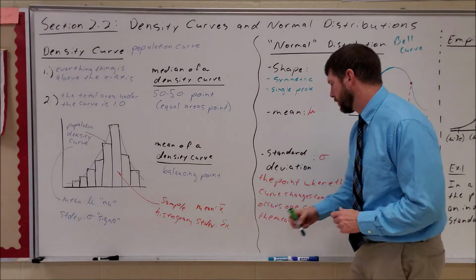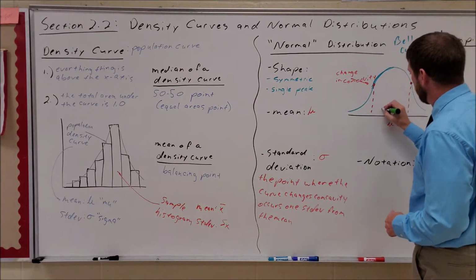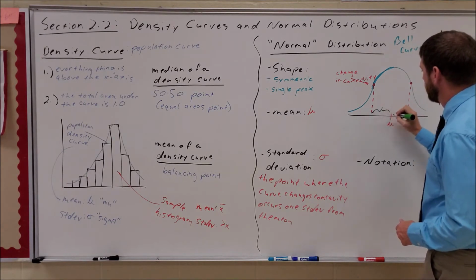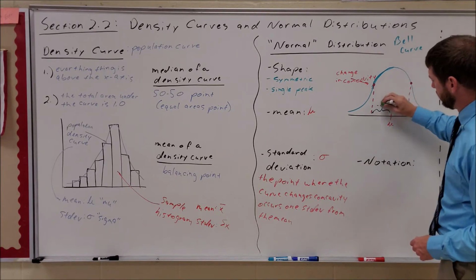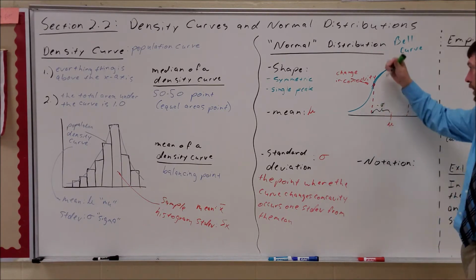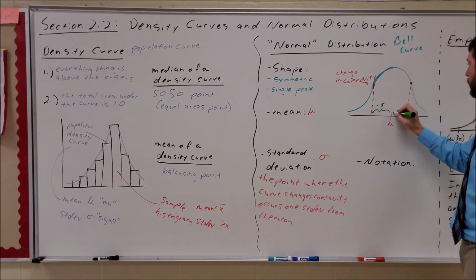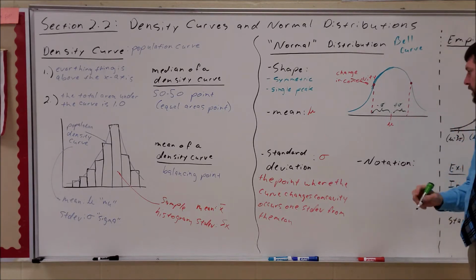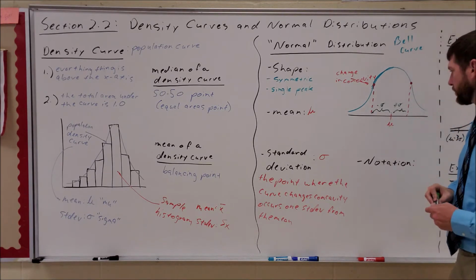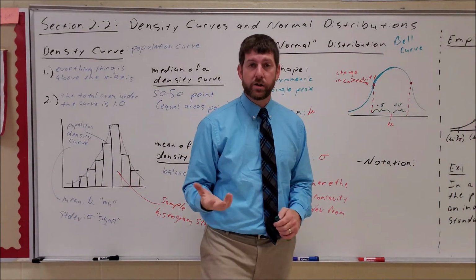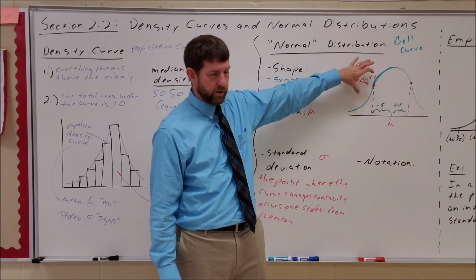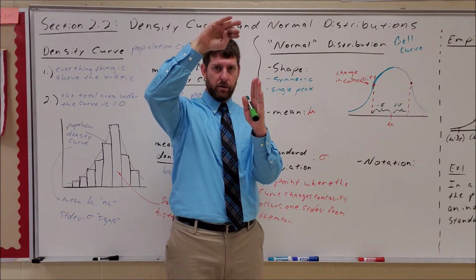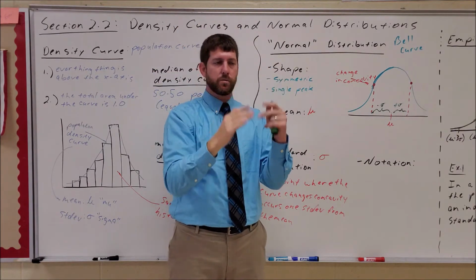If I go left one standard deviation, I'm going to get that concavity point. If I go right, plus one standard deviation, I'm going to hit that concavity point. So these are the one standard deviation marks from the mean. That's how we can measure a standard deviation: if we've got the data graphed out, we can look and see where exactly it goes from curving down to curving back up, and that distance is one standard deviation.